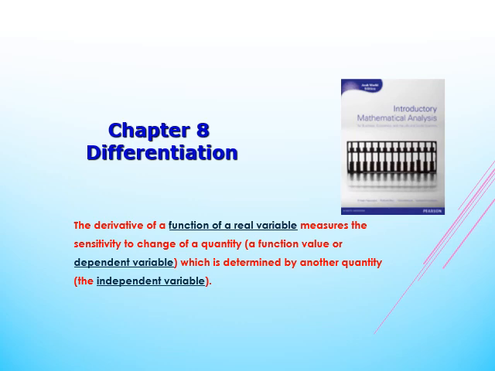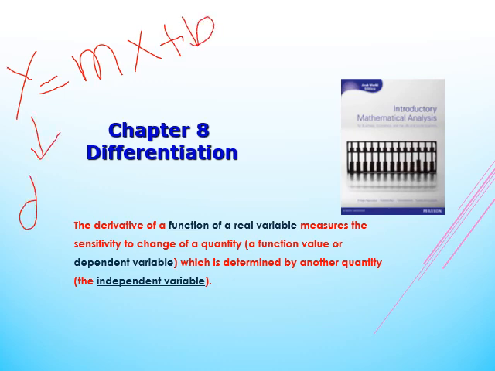The derivative of a function of a real number measures the sensitivity to change of the function value, or the dependent variable, which is determined by the other quantity, the independent variable. As we know, the standard form of a linear function is y equals mx plus p, where y is the dependent variable.